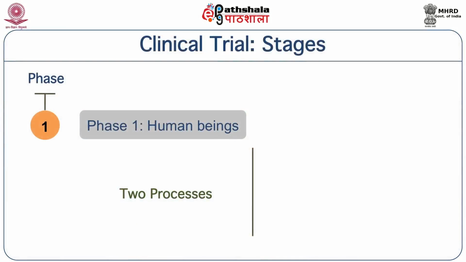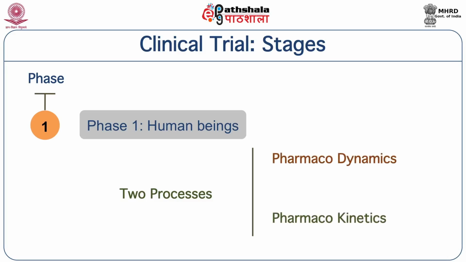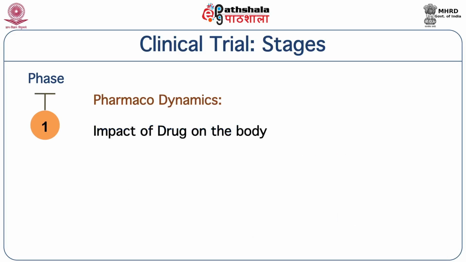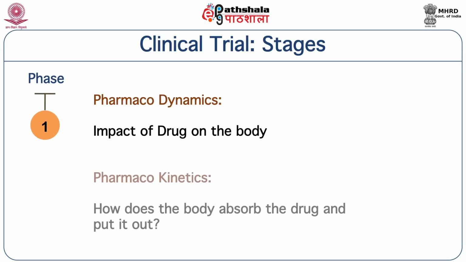What do they do in these phase 1 trials? There are two processes, called pharmacodynamics and pharmacokinetics. Pharmacodynamics is the impact of the drug on the body. Pharmacokinetics is how the body is able to absorb the drug and put it out.